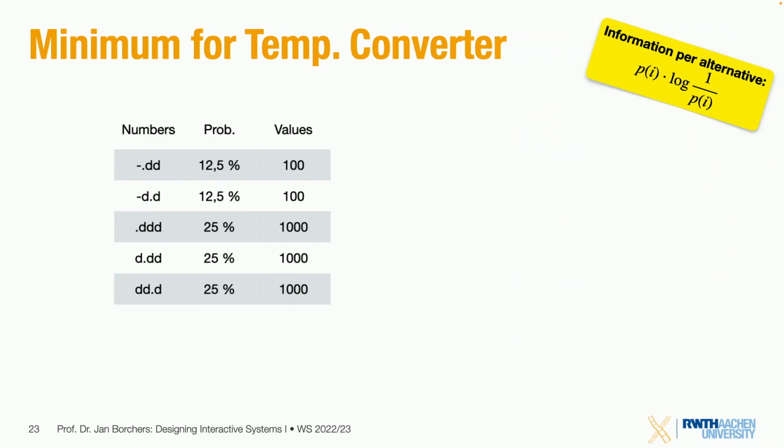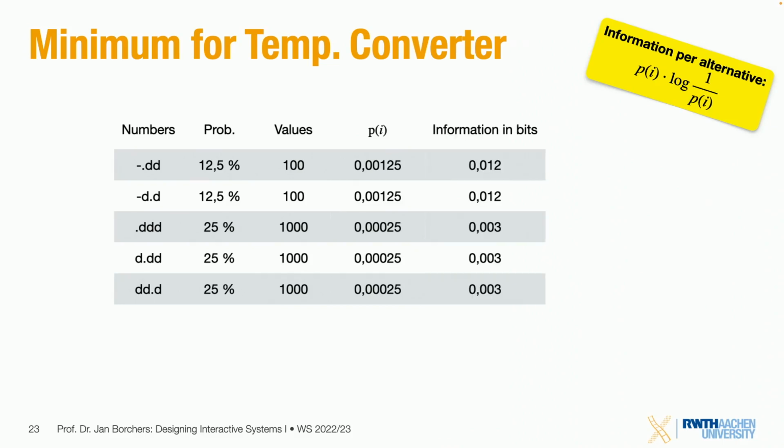These each have 1,000 different values because there's 3 digits in it. Also easy. How likely is each of these? Well, that's exactly that probability here, right? 12.5% versus 25%. So that's the likelihood of seeing every single one of these, right? So 12.5% divided by 100 values gives you 0.125%.